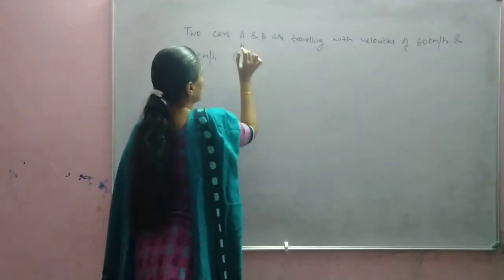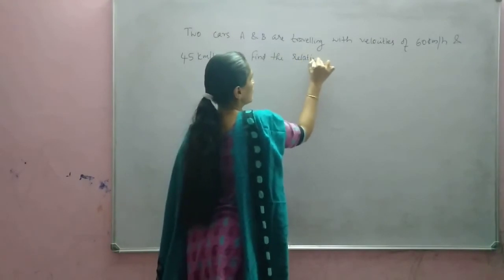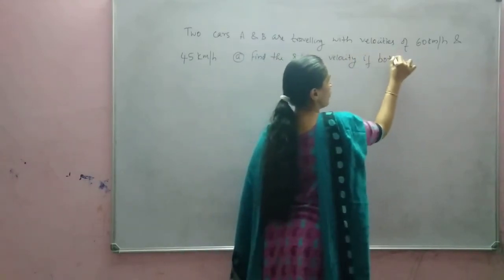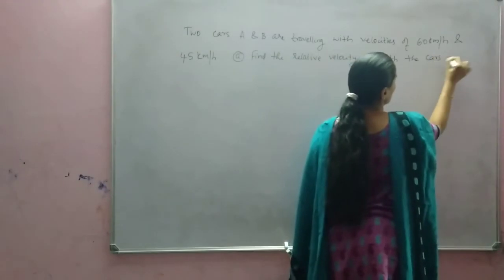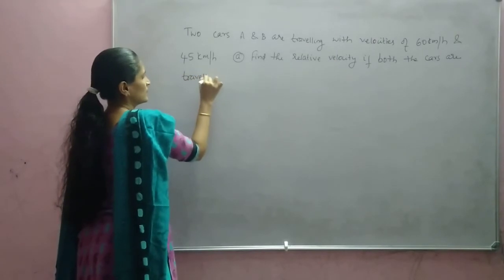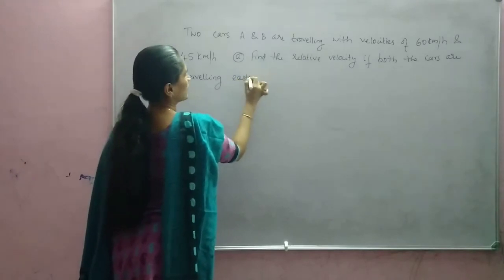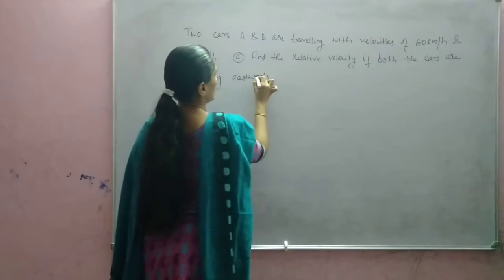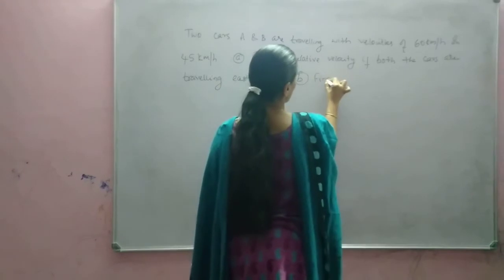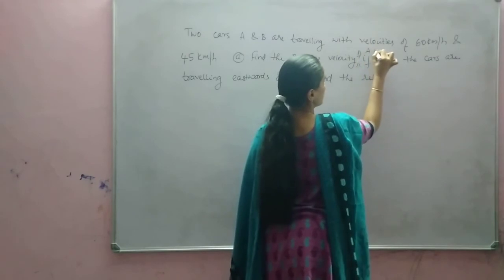Find the relative velocity if both the cars are traveling eastwards, and find the relative velocity of A with respect to B. Okay, you can write.